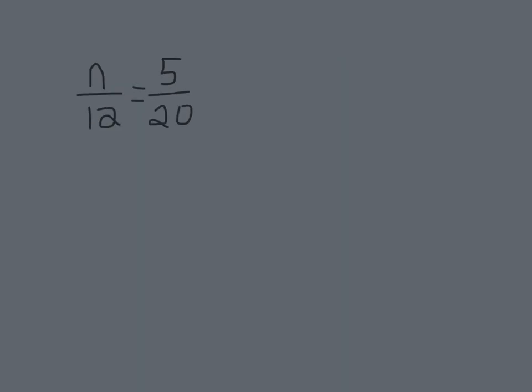So here's the next equation. n over 12 equals 5 over 20. So try this, figure out what n equals using the cross multiply, and then come back and check against my work. Okay, so we would have n times 20 equals 5 times 12.